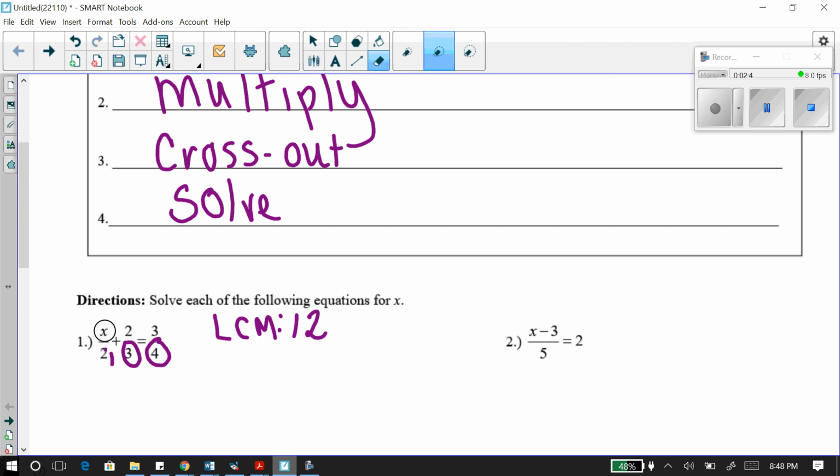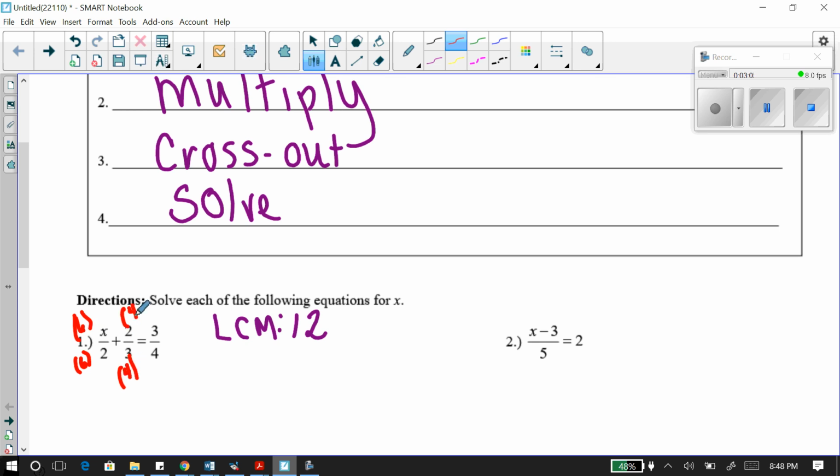Okay, now I multiply each of the fractions by what it will take to get me to 12 in the denominator. So 6 times 2 is 12. So I'm going to multiply tops and bottoms by 6. 3 times 4 is 12.